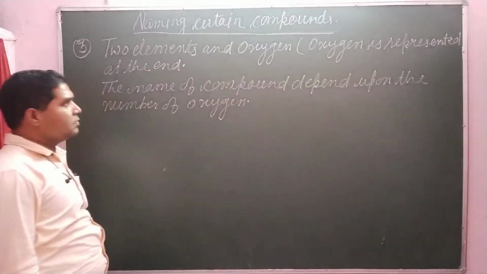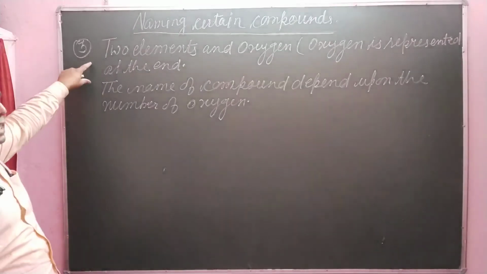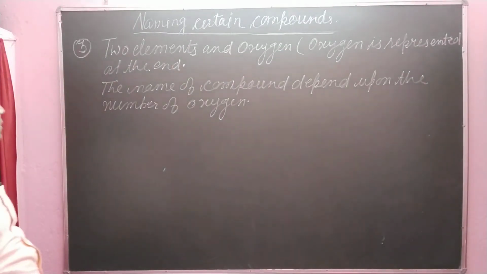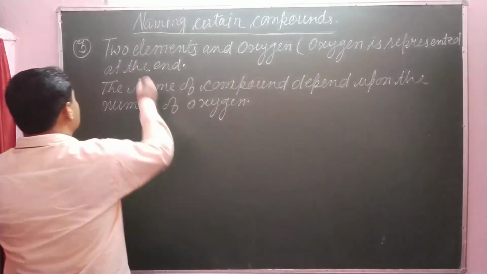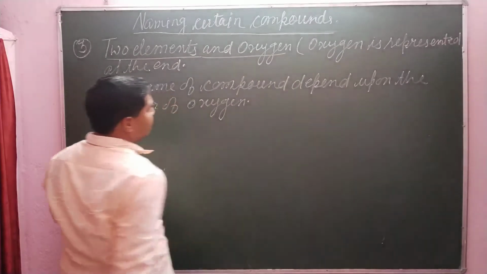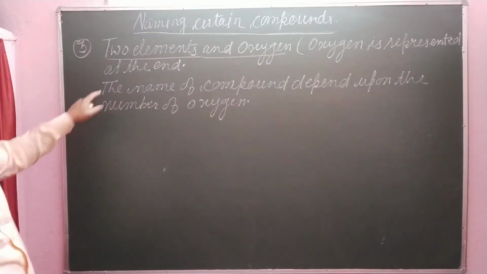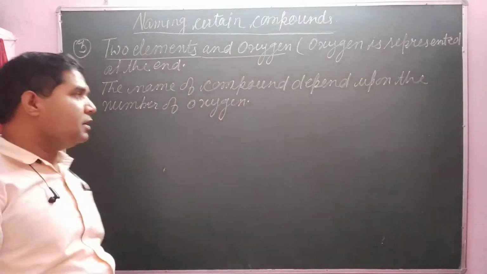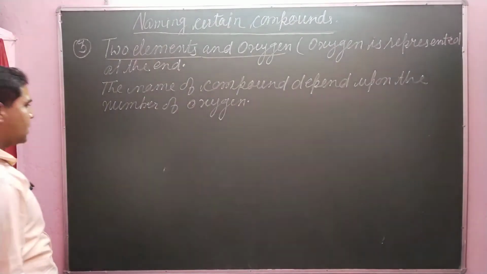So let us know how a compound can be named where it consists of two elements and oxygen, where oxygen is represented at the end and the name of the compound depends upon the number of oxygen atoms.